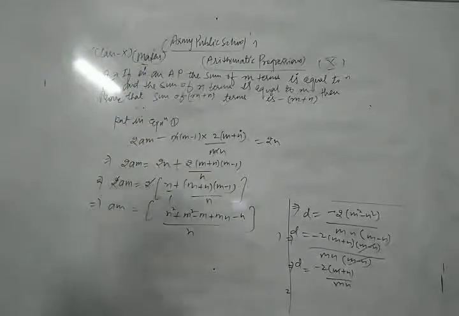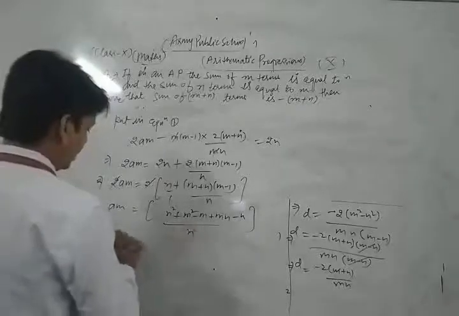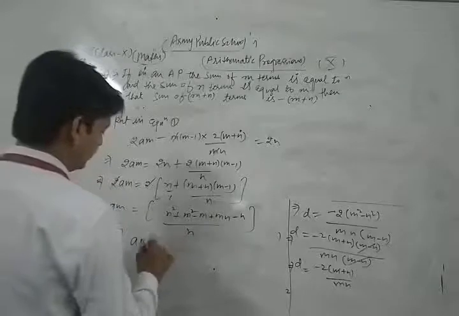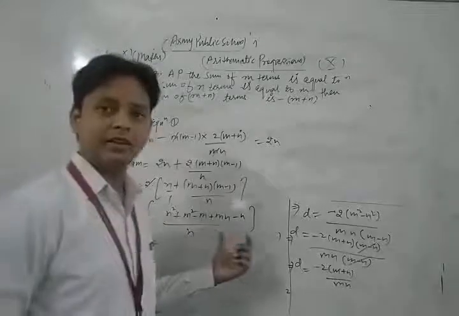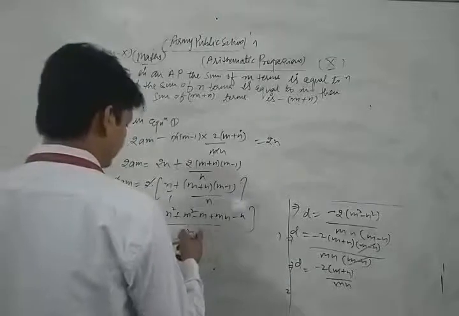Now what do I do? Let's see, dear students. In this way, after simplifying them, we get the value of a. After simplifying them, we get the value of a as what?